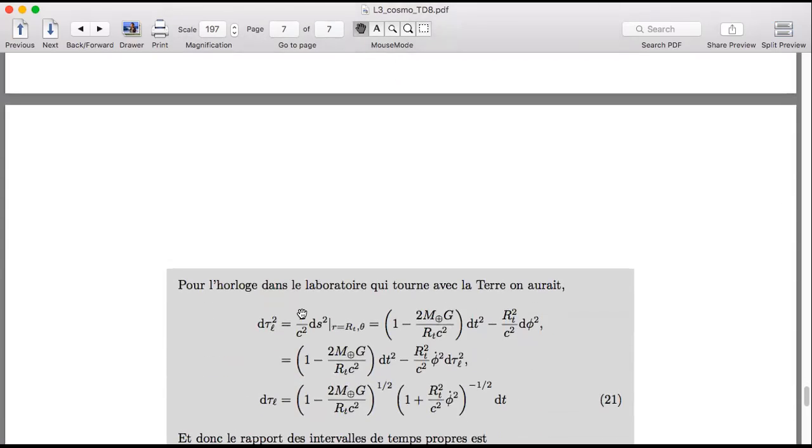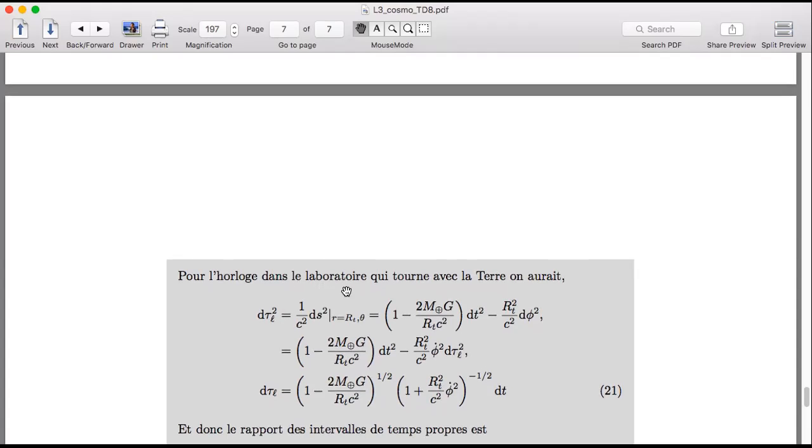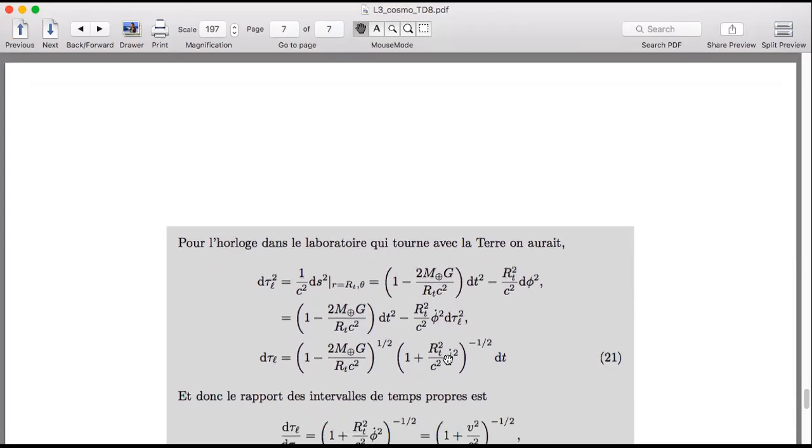And now what we have to do is consider the clock that is in the laboratory, but now taking into account that it has a phi dot. And now, careful here, you cannot use the formula that we used earlier.